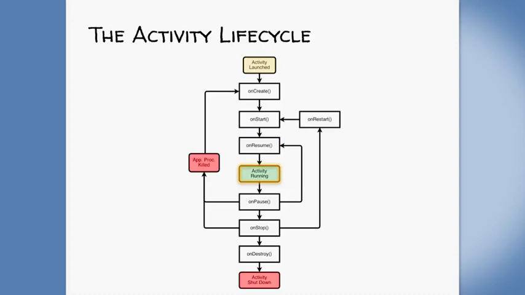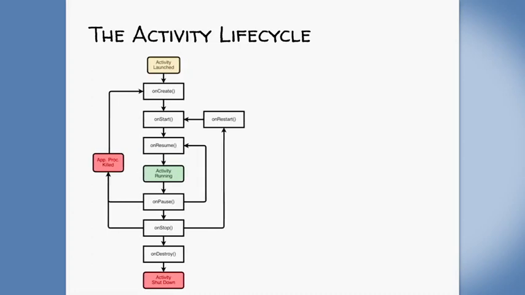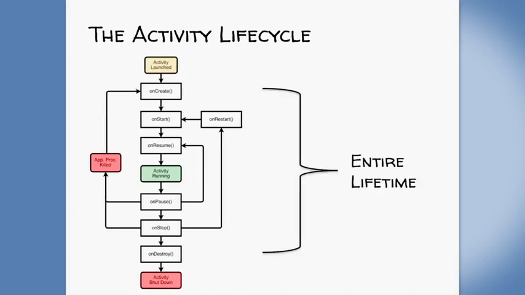After a minute or so, our example activity will begin to shut down. At this point, Android will call that activity's onPause method, then onStop, and then finally onDestroy. At this point, the activity is completely dead. So, as you can see, the entire lifetime of the activity runs from the start of onCreate to the end of onDestroy.